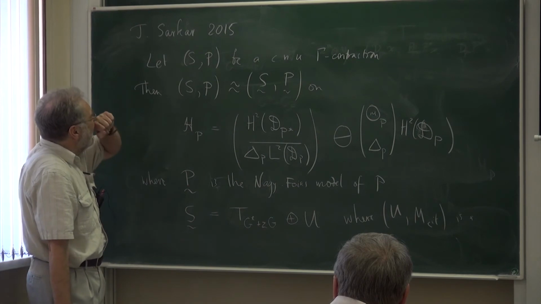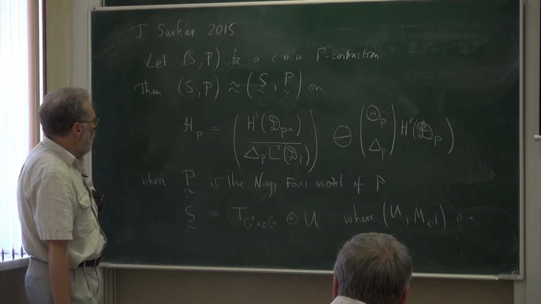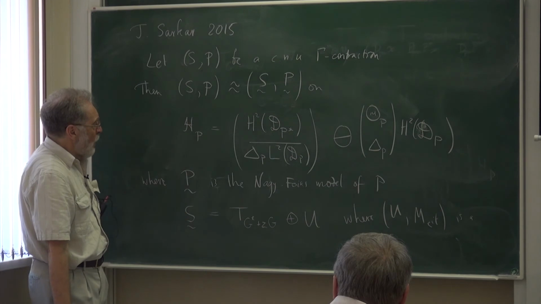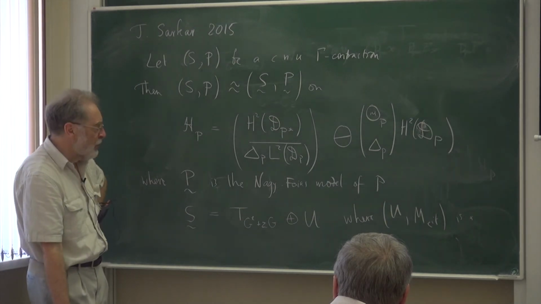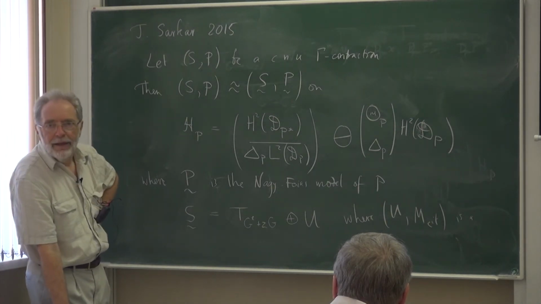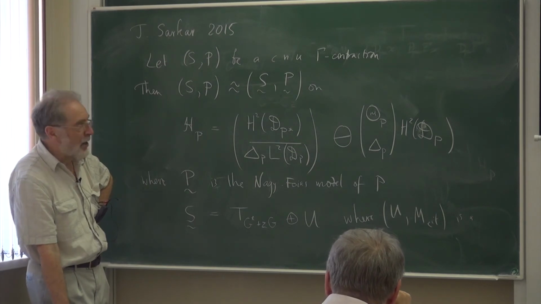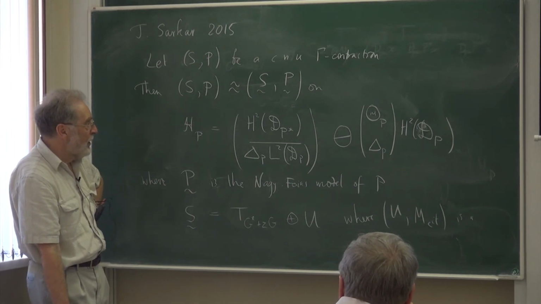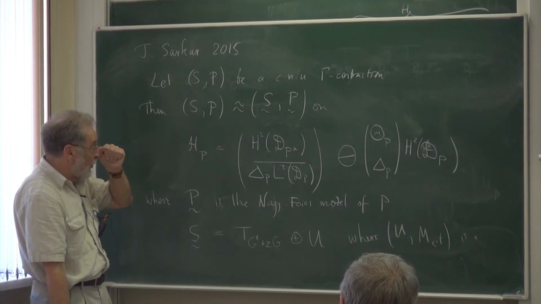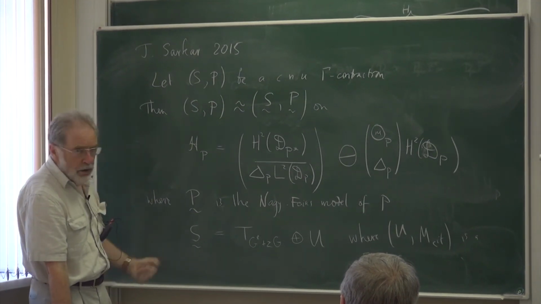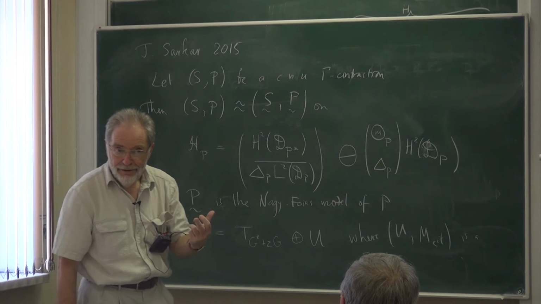Now, I should make some comments about my original title. My original title was Models of Commuting Pairs of Contractions, functional models for commuting pairs of contractions. And of course I haven't really got that.